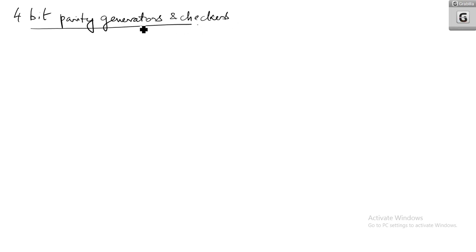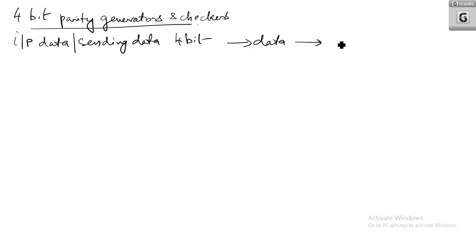So here I am having a 4-bit input data, the sending data. From this data, a parity bit is generated.